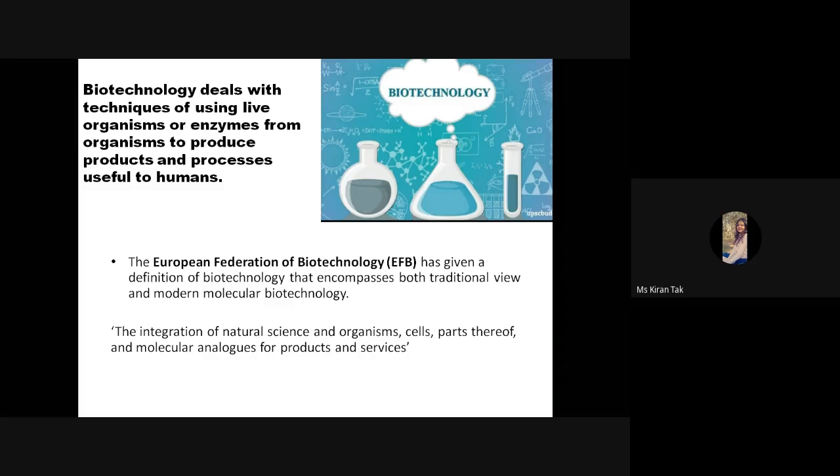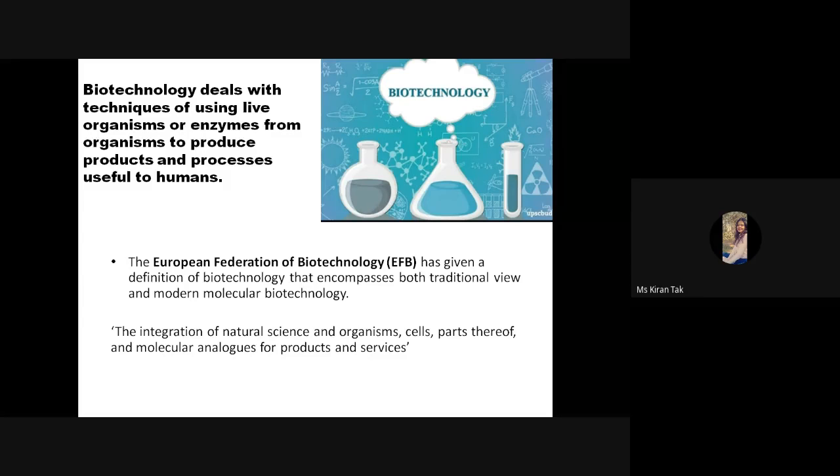And there is another definition that is given by the European Federation of Biotechnology, that is the integration of natural science and organisms, cell parts thereof, and molecular analogues for products and services.